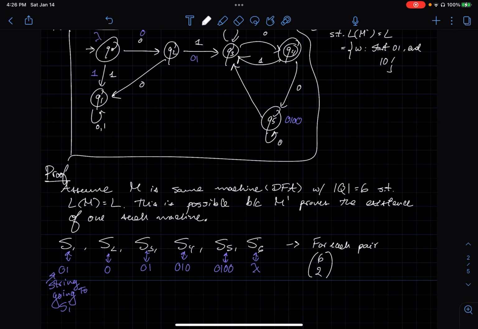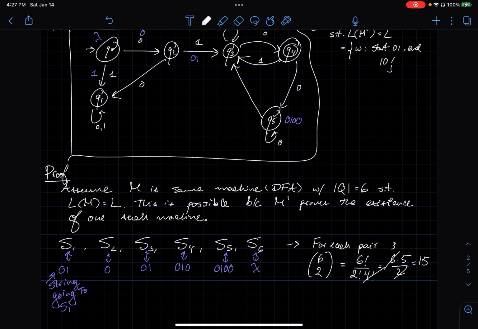I can't do it off the top of my head. So it's 6 factorial over 2 factorial times 4 factorial. So this cancels with 6 times 5 over 2, and then this cancels with 3, giving 15. Okay, so there's 15 pairs of strings.